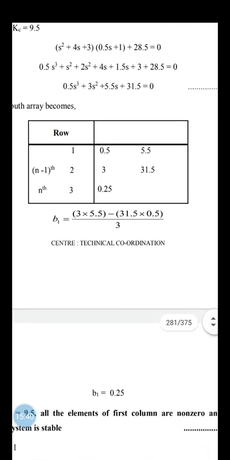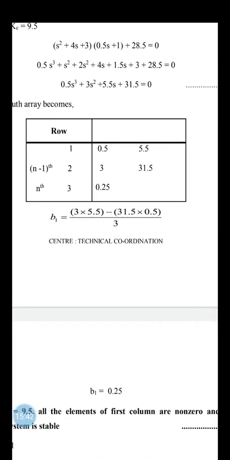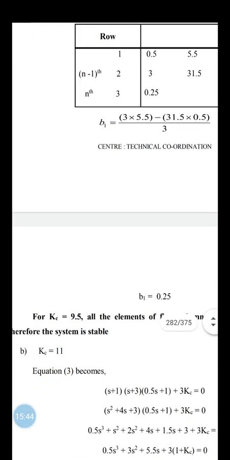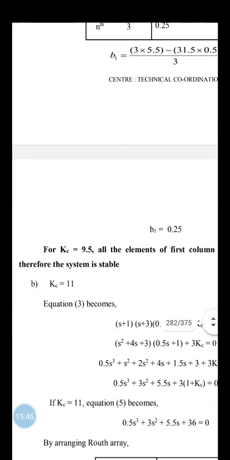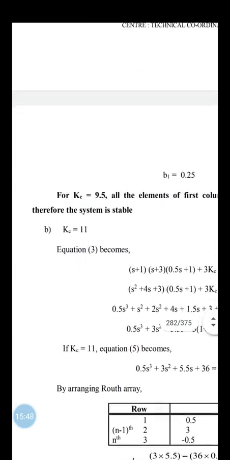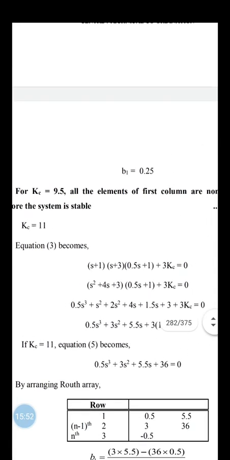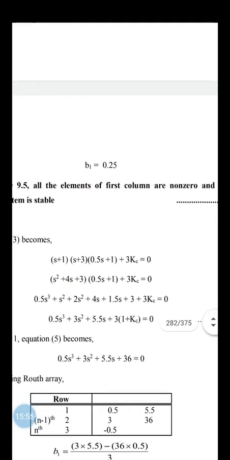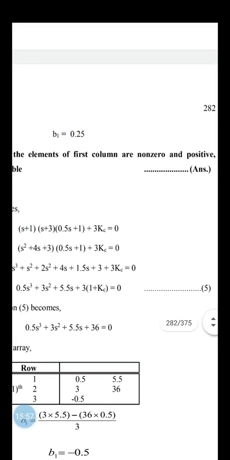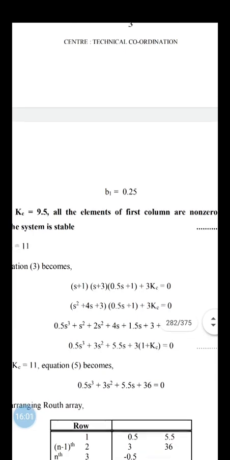This is how you have to arrange the Routh array, and from this you make a calculation to find the value of b1. Once you find the value of b1, for Kc equal to 9.5, all elements of the first column are non-zero and positive. The system is said to be stable.